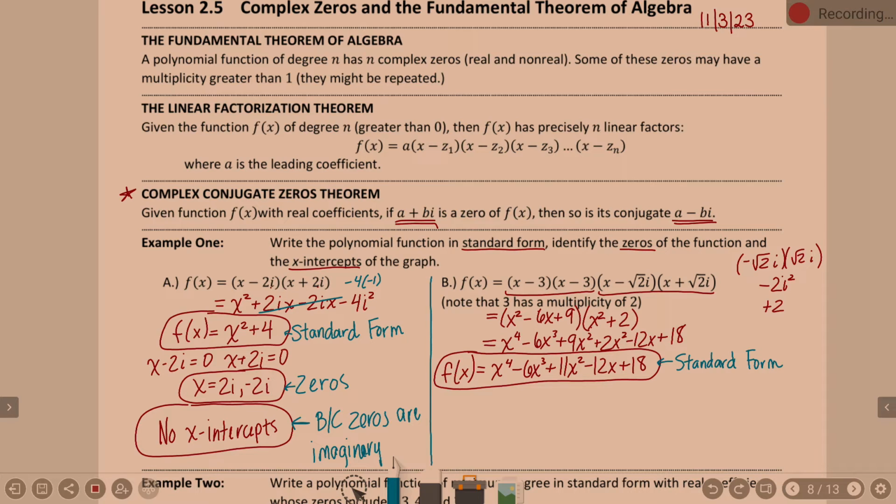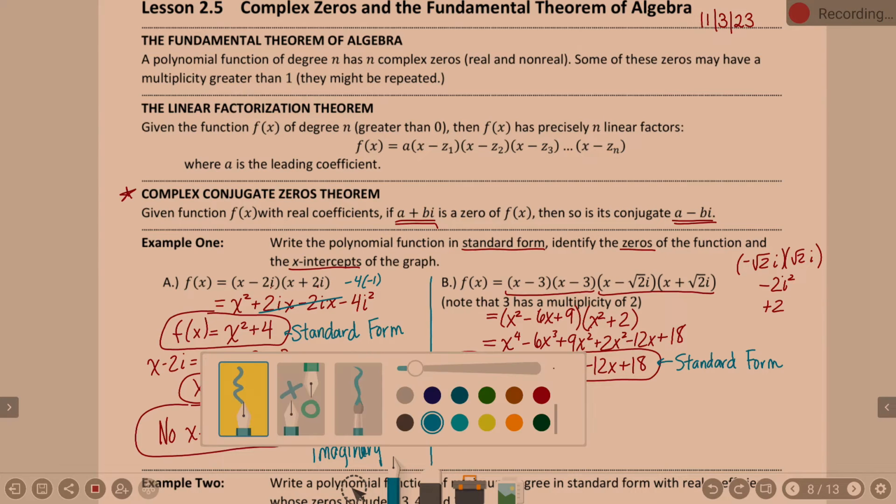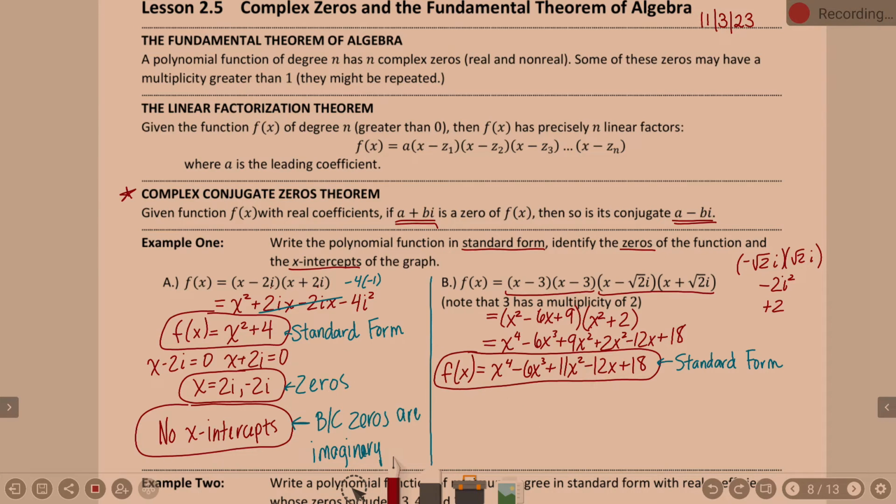Okay. Next, I want to know what my zeros are. 3, 3, plus minus 2 square root of 2. Okay. So officially, to find our zeros, set each factor equal to 0, right? So we could say x minus 3 equals 0.